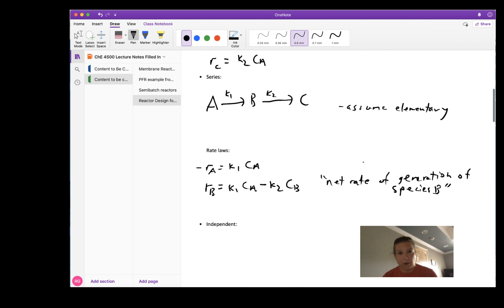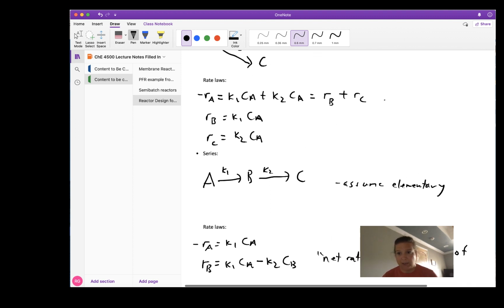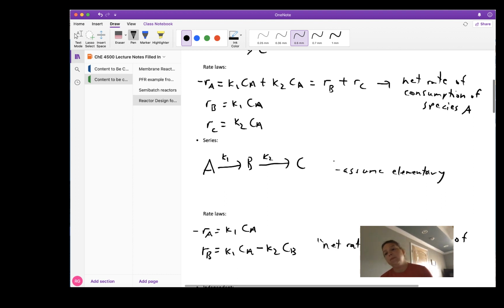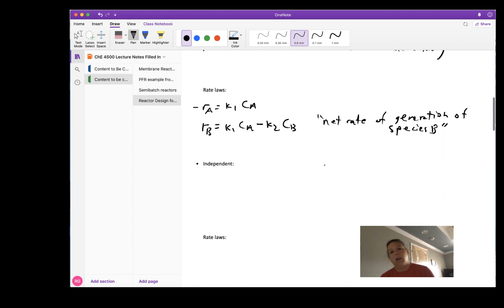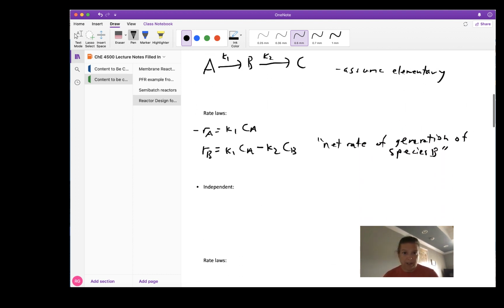And in fact, I could go back up here. That's essentially what I've done here. I've said this is the net rate of consumption of species A. Okay, so back to my series example.